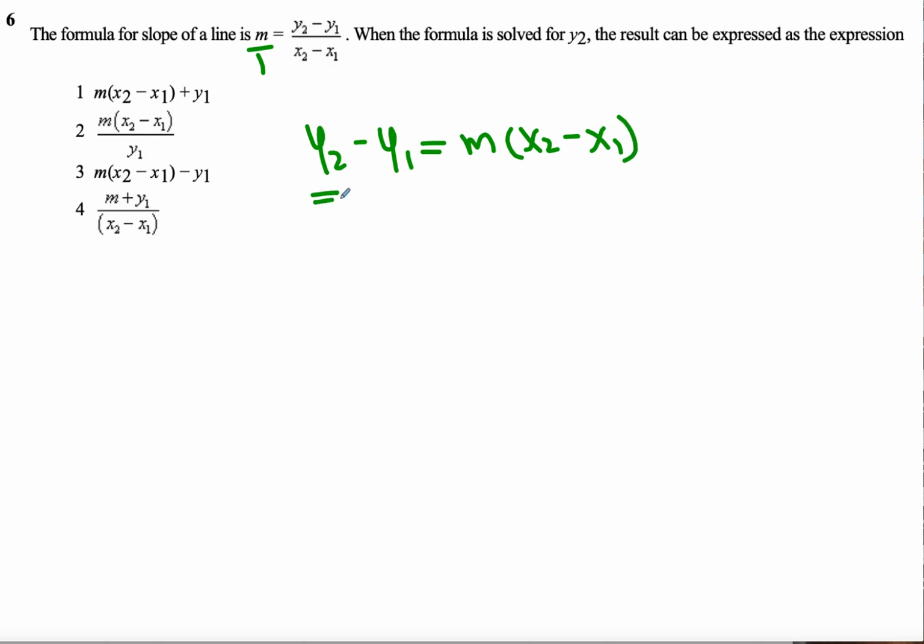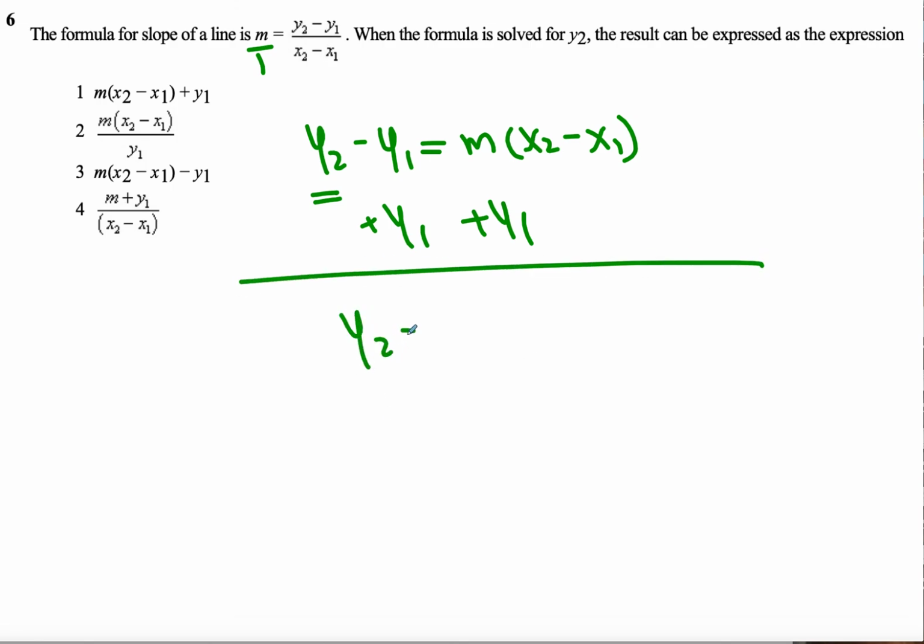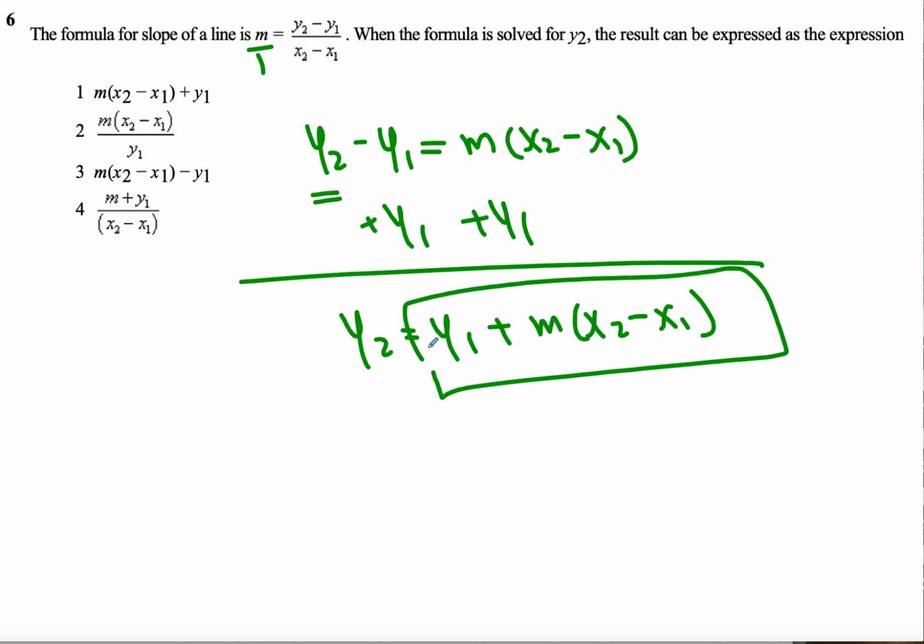And I want to leave y sub 2 by itself, so that means I need to add y sub 1. Then I get y sub 2 equals y sub 1 plus m times x sub 2 minus x sub 1. So that becomes our final answer, which looks like choice 1. Alrighty.